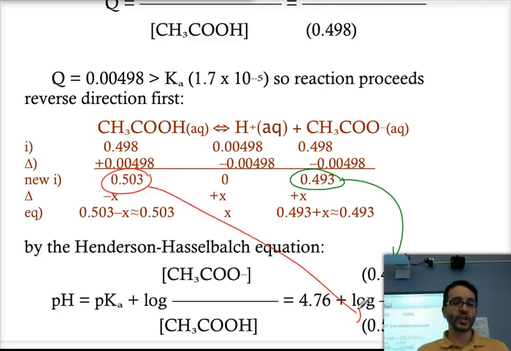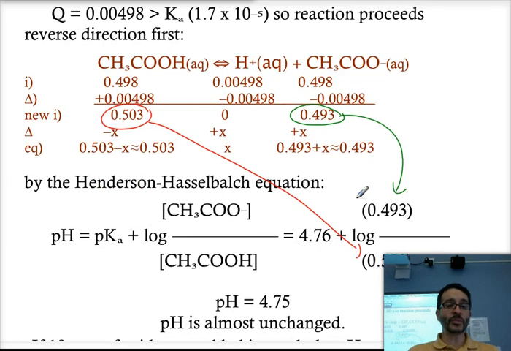I take the new concentration of the weak acid, and I just calculate what the pH is. When I calculate that, it gives me 4.75.